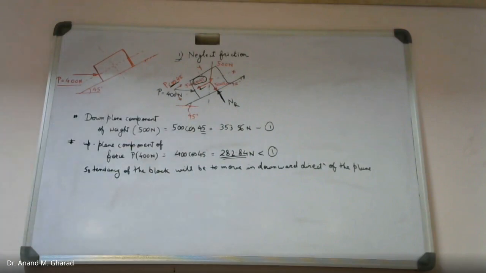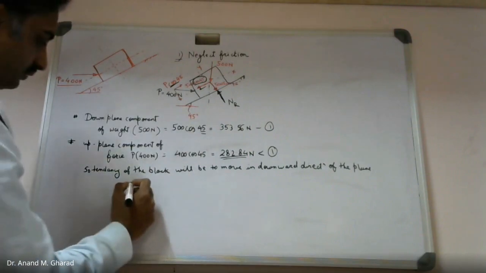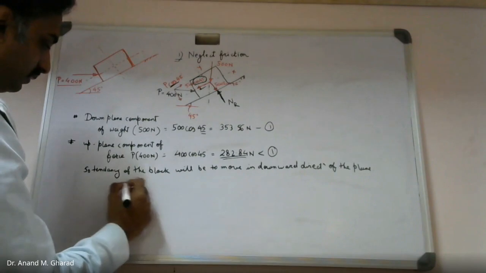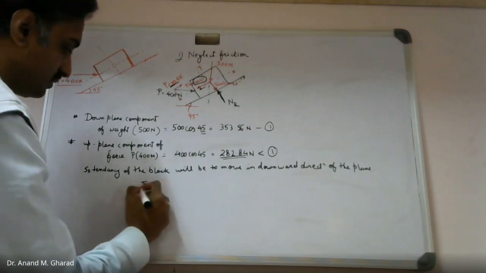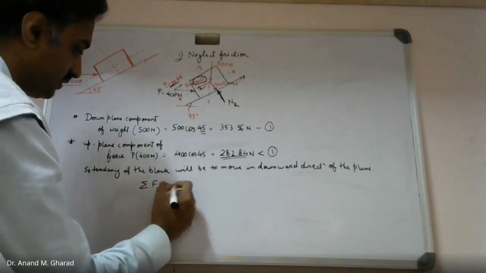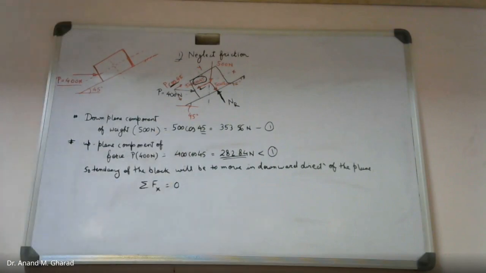It will be nothing but the net force. So what you do? Summation of the forces in x direction should be equal to 0 in order to maintain the equilibrium. That means now we are trying to calculate the net force, the frictional resistance that will be offered.